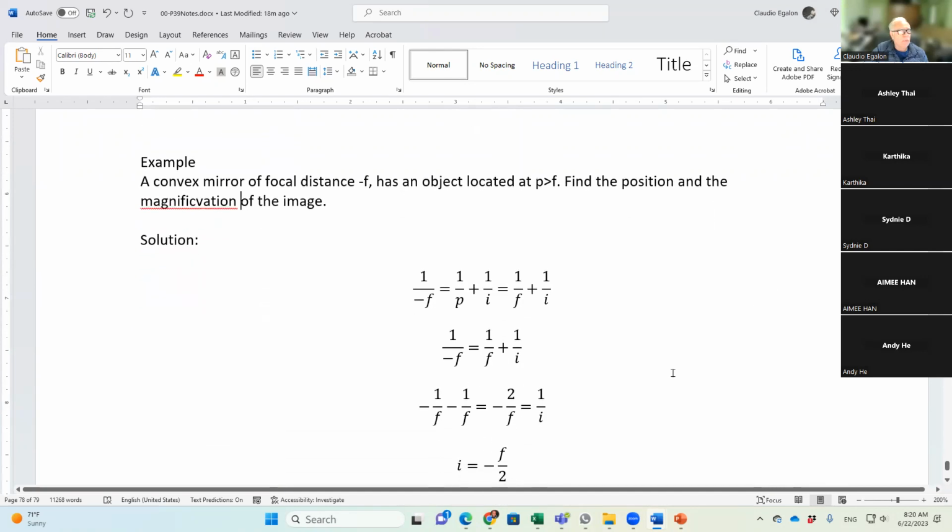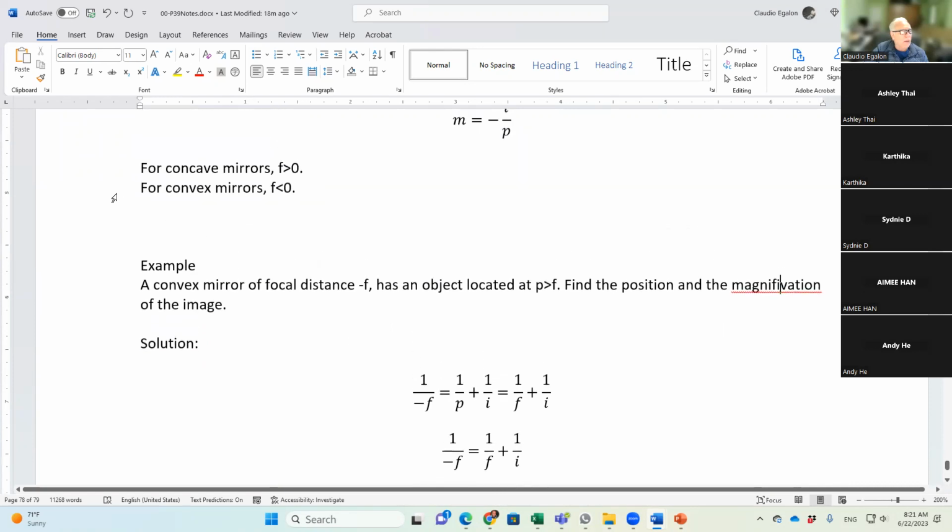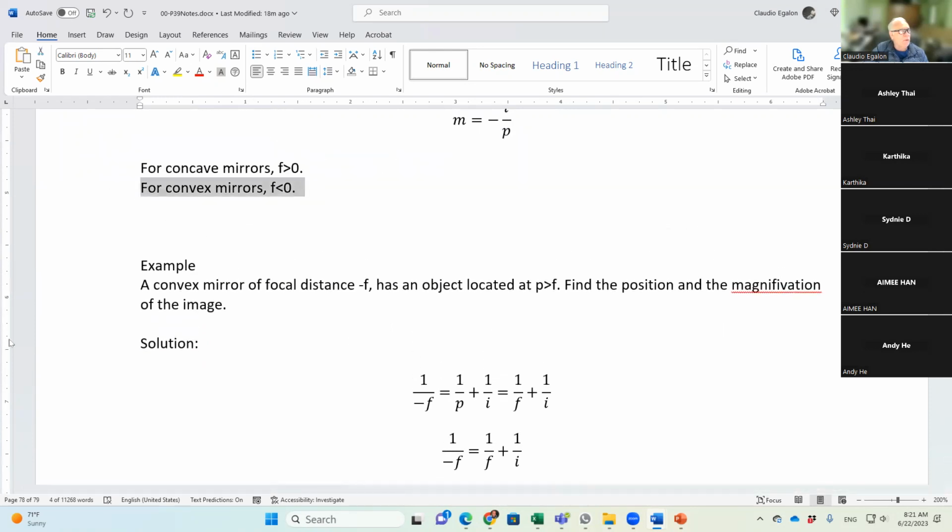The first thing that you have to know is that you've got to make sure that you are using the proper sign for the focal distance of the convex mirror.